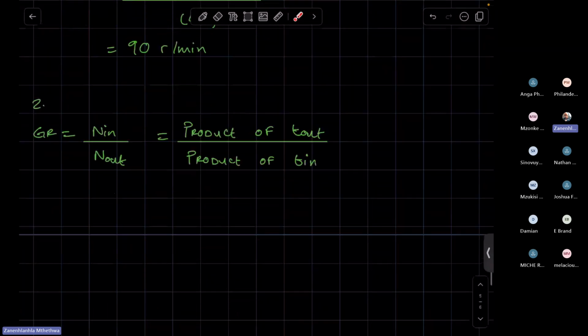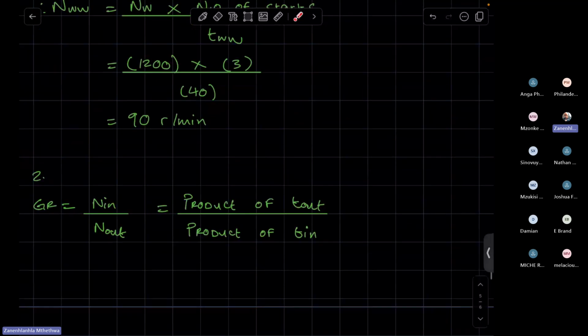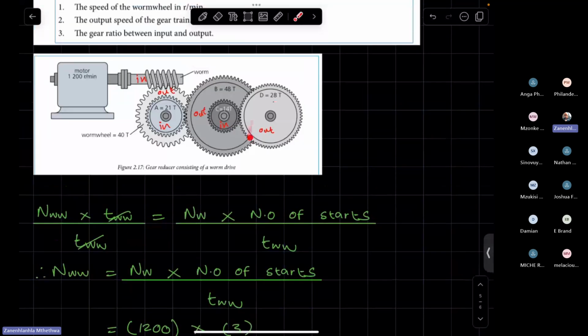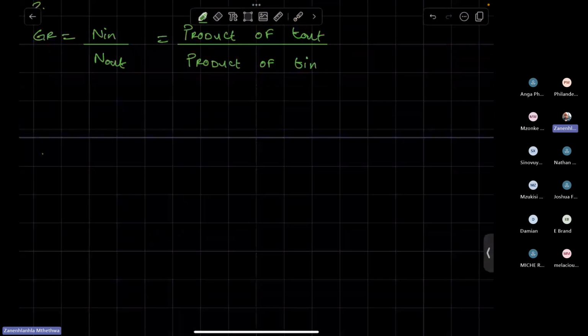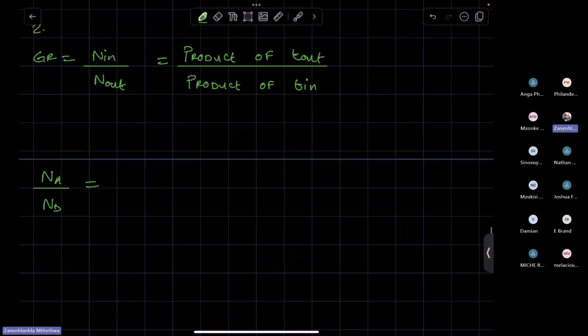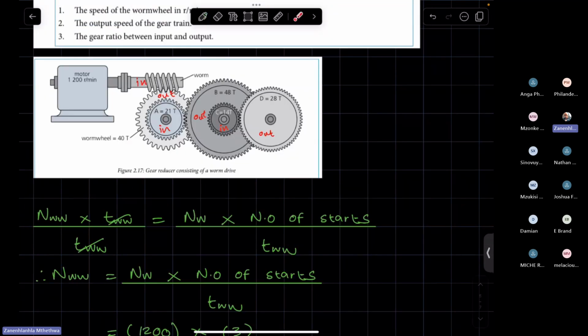Now, taking that into consideration, we are looking for the rotational frequency of the output. The output shaft will be fitted onto gear D. So gear D is essentially our output, and then our input for the compound gear train is gear A. So essentially here, you can express this as NA, which is the input, divided by ND, which is the output, is equal to the product of T out. Then you look at which gears you've considered as being out here.